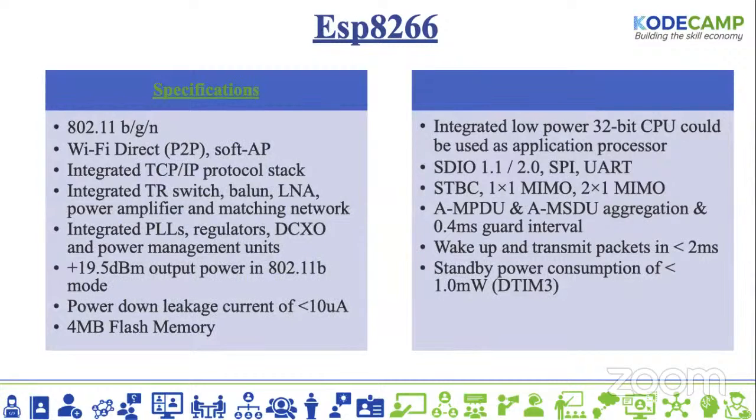Now looking at the 802.11, you have the B version, the G version, and the N version. These are different certifications, and they came at different times, in different years. They're all improvements on how Wi-Fi really works.